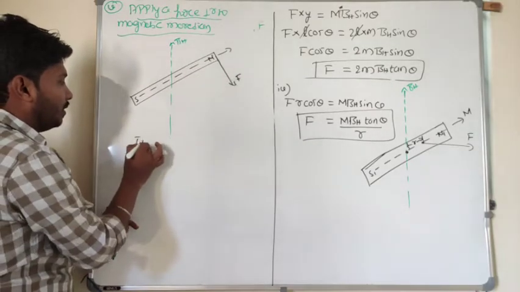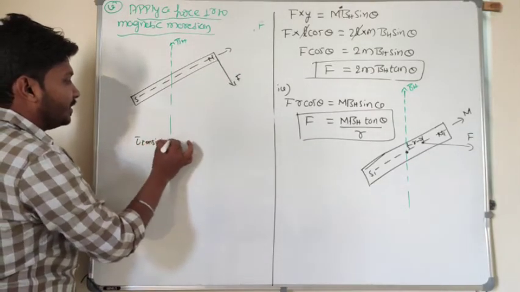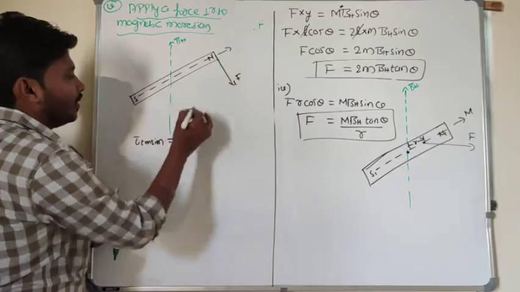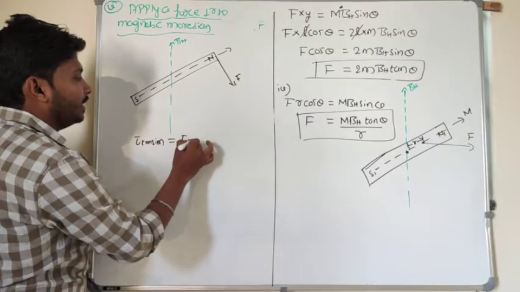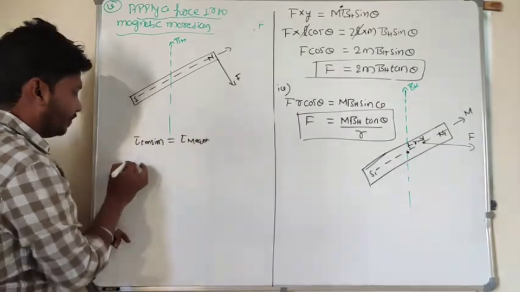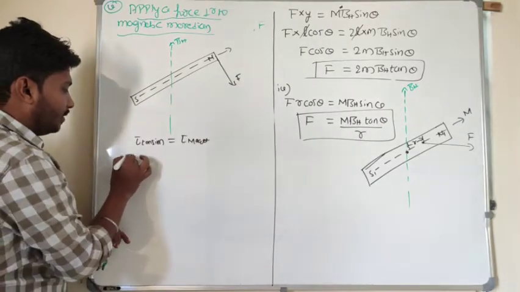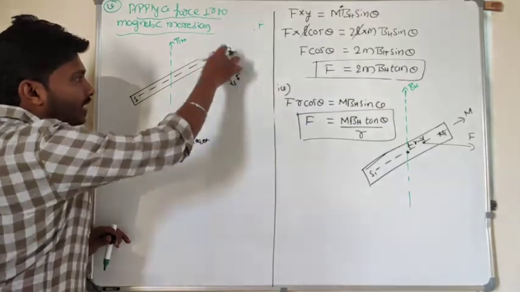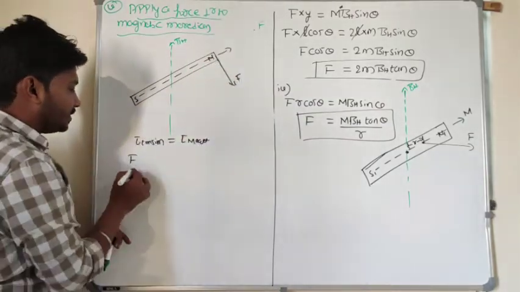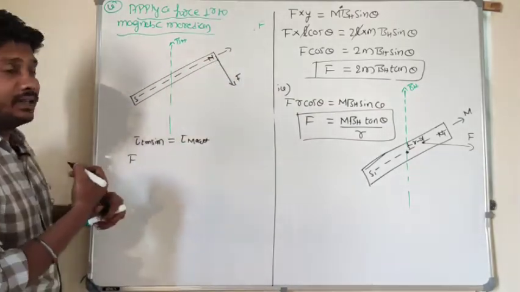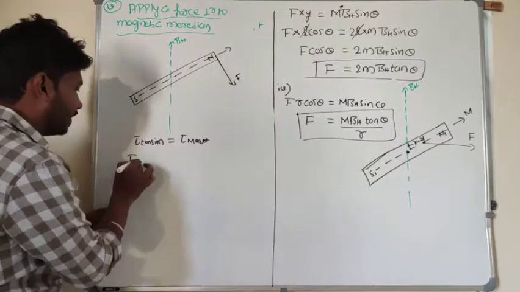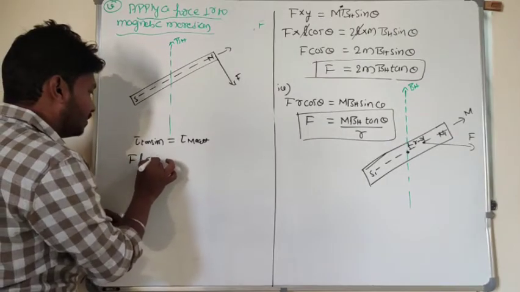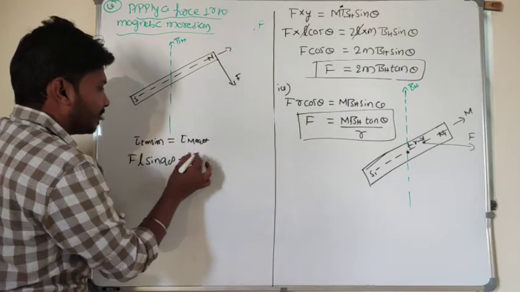So the tension in the string, which is equal to the torque acting on the magnetic dipole. Look here, in this case the angle will be 90 degrees. Perpendicular means the angle will be 90 degrees. F into L sin 90 degrees.